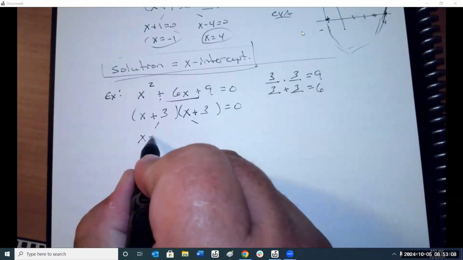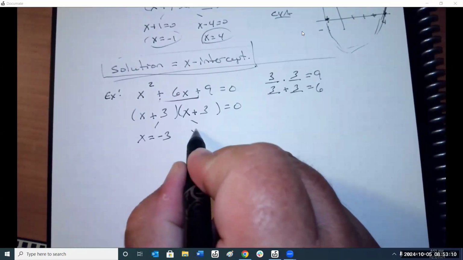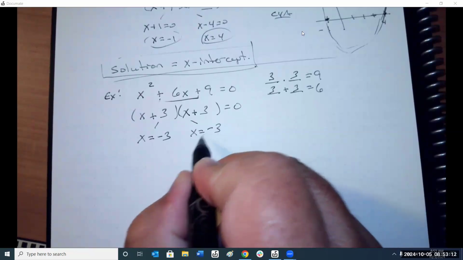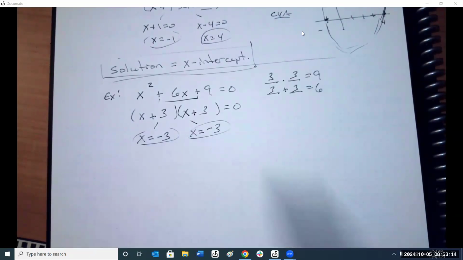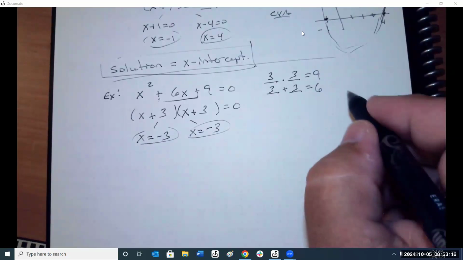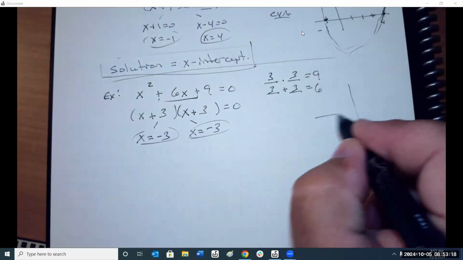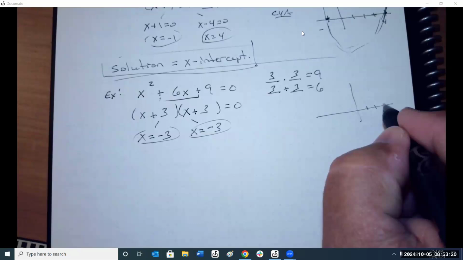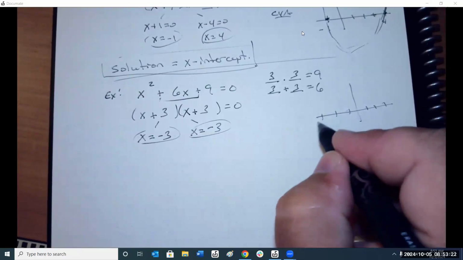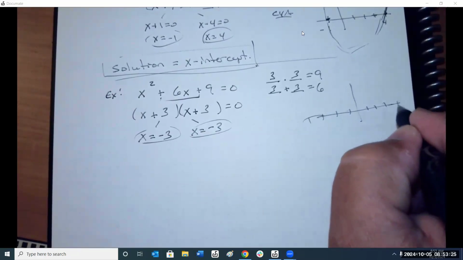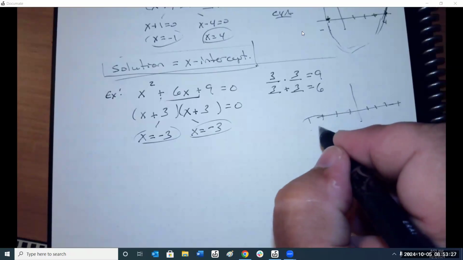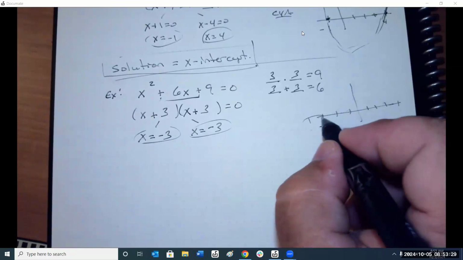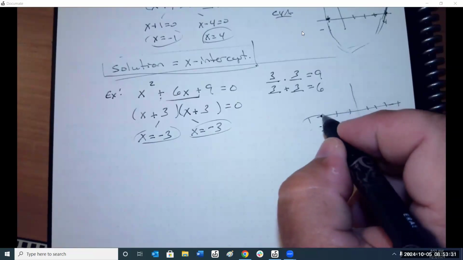And we'll see that both of these solutions will give us x equals -3. So what that graph looks like, so 1, 2, 3, so at -3, we have only one x-intercept.